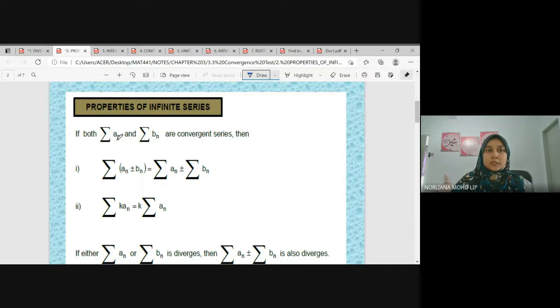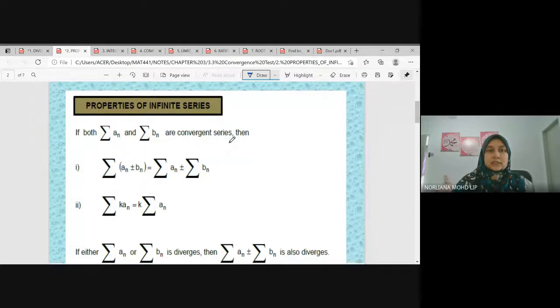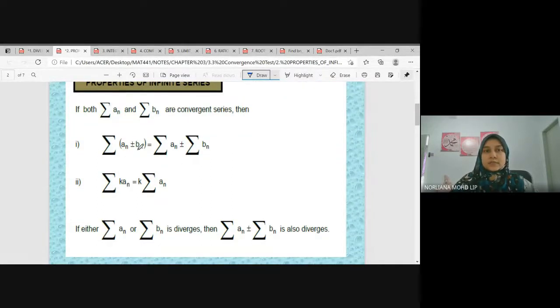Okay, if both the series of an and series of bn are convergent series, then the series of an plus minus bn is equal to the series of an plus minus the series of bn. And number 2, the series of k times an equal to k times the series of an.